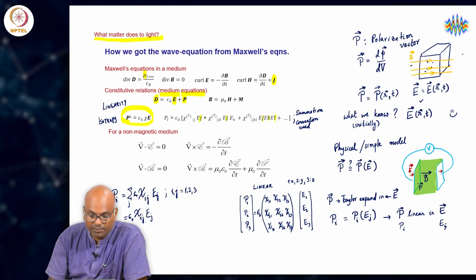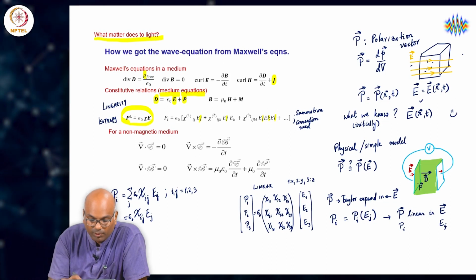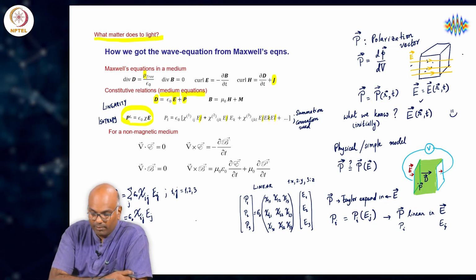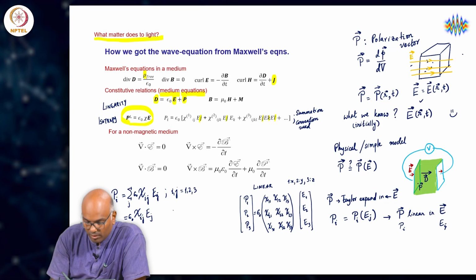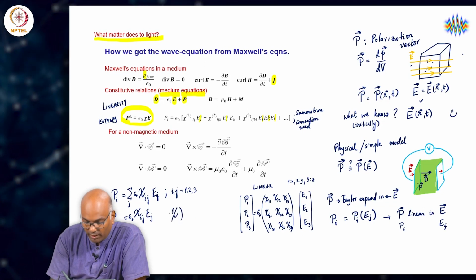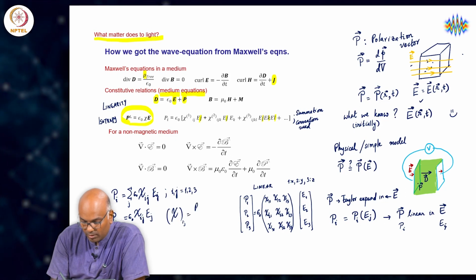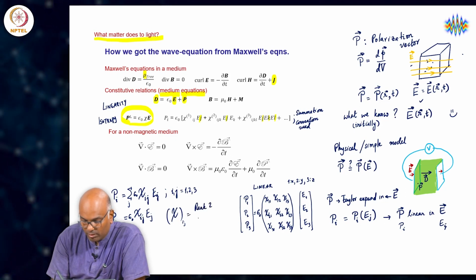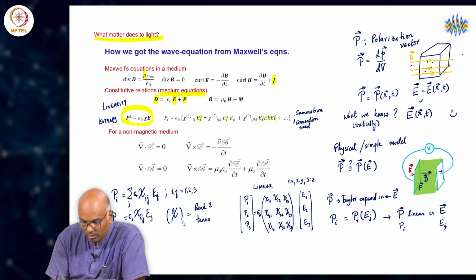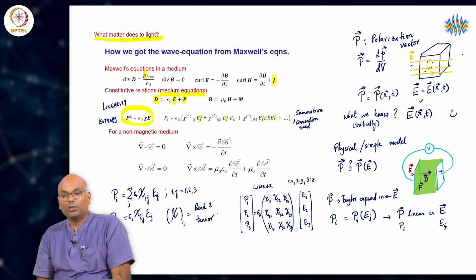So, the epsilon naught is explicitly left out there, but the whole point being that for linear interactions, chi is a rank two tensor.